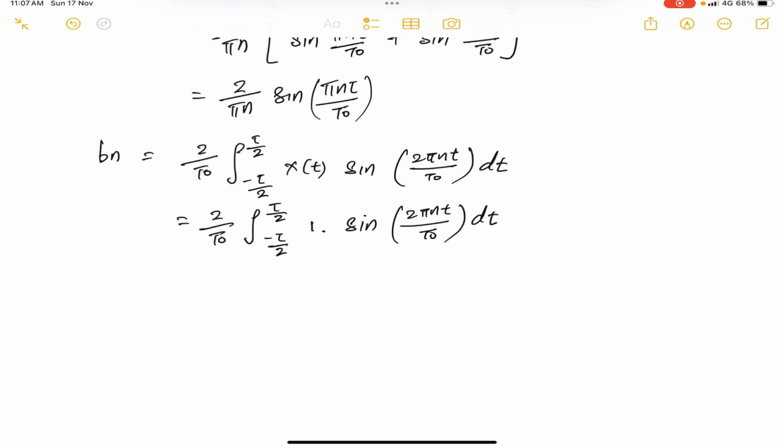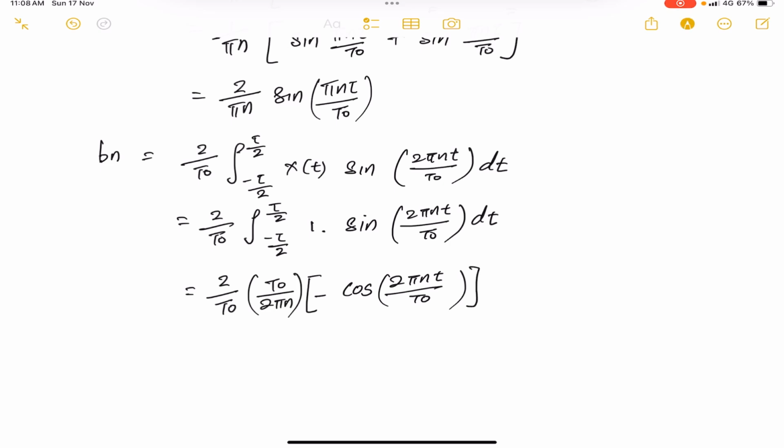Integrate sine at dt, you will get negative cos at over a. So 2 over T0, integrate sine, you get negative cos 2 pi nt over T0 divided by 2 pi n over T0. So you divide, you get positive and multiply, so T0 over 2 pi n. And the limit is still from negative tau over 2 to tau over 2.